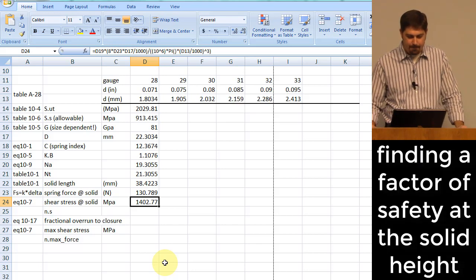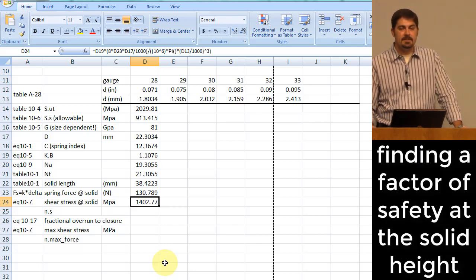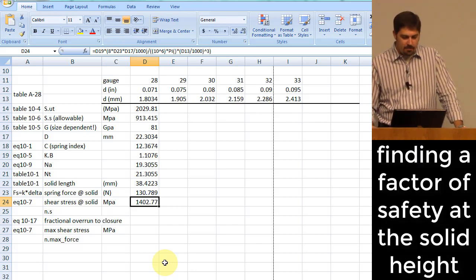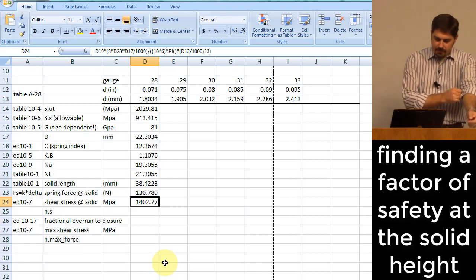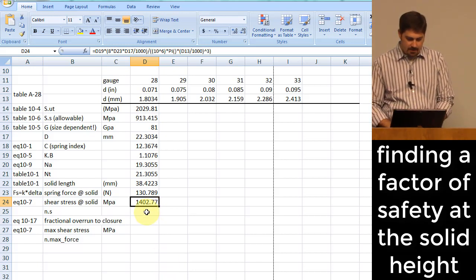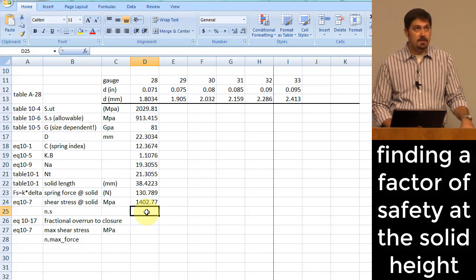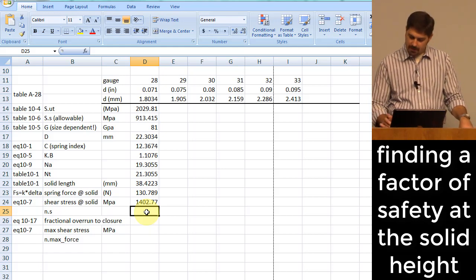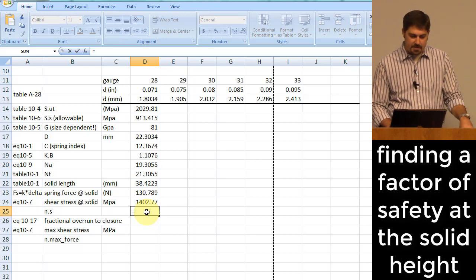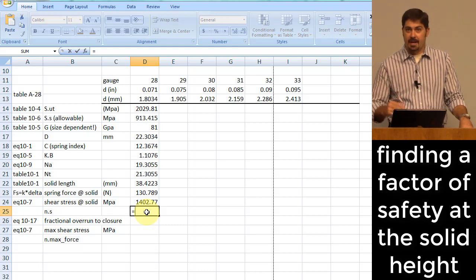Then what? Now I'm ready to do a factor of safety at the solid height. Well, how do I do that? You take the amount that it's okay to have and then divide by the amount that you actually think you're going to have.